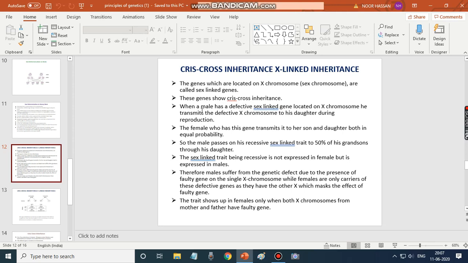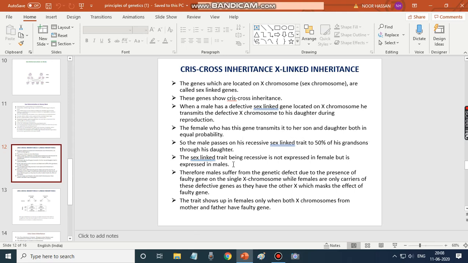So remember, a male has a defective sex-linked gene located on the X chromosome. He transmits the defective X chromosome to his daughter during reproduction. The females who have this gene transmit it to her son and daughter both with equal probability. So the male passes on his recessive sex-linked trait to 50% of his grandsons through his daughter.